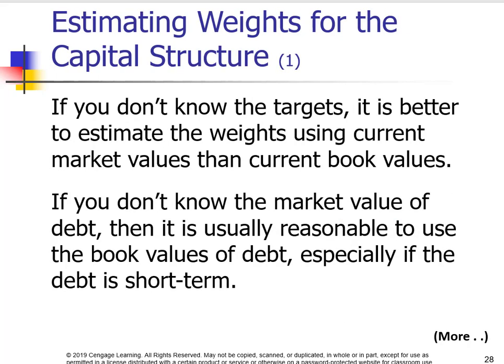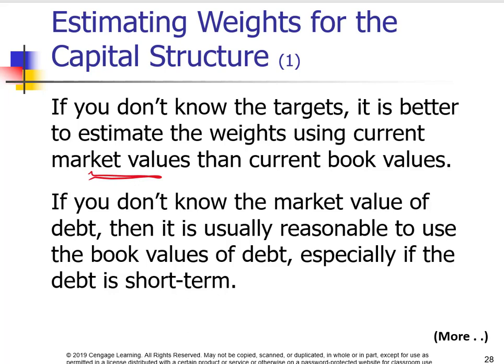The second aspect that's important is we want to use market values rather than book values. And this is not, I guess, totally intuitive, but if you think about what we're talking about with this cost of financing, what is the cost of financing future dollars?